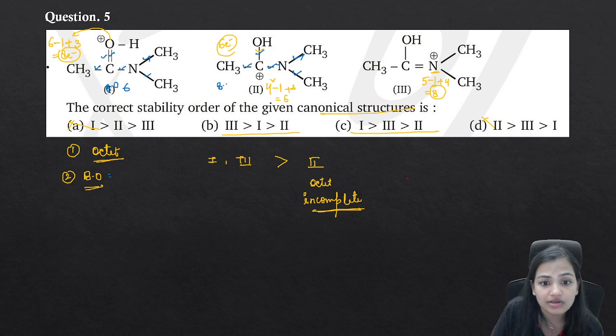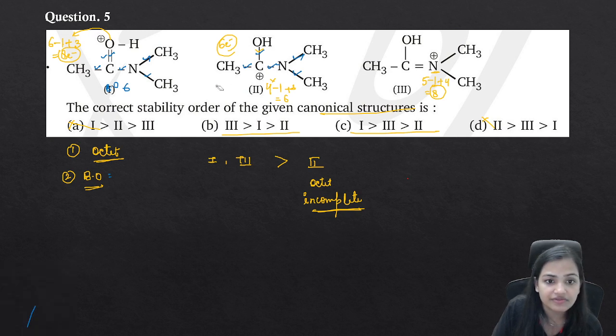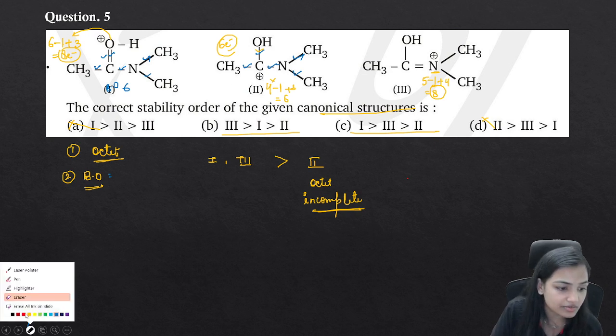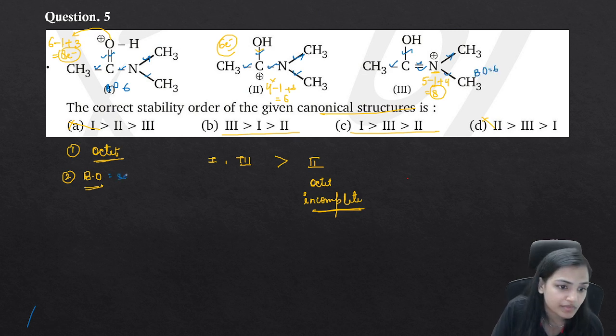Why am I comparing for structure number 2? Leave it. Don't do this for structure number 2 if it's very clear that structure number 2 is the least stable. Okay, do it for structure number 3. 1, 2, 3, 4, 5, 6. Bond order is still 6. So, same. We will be moving ahead with point number 3.